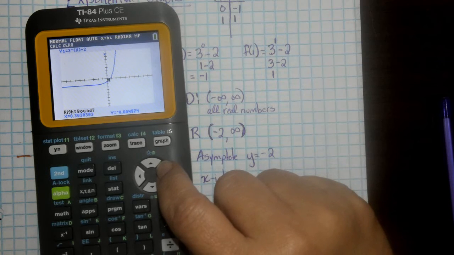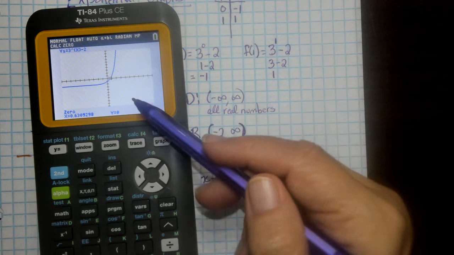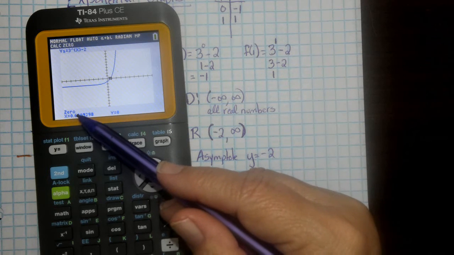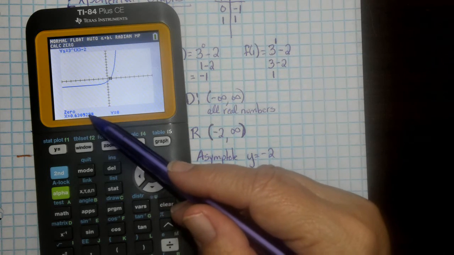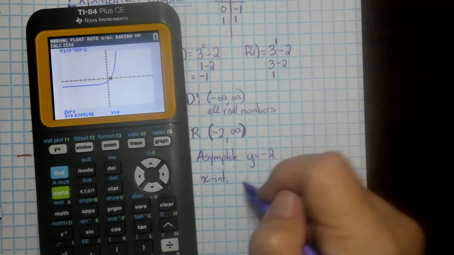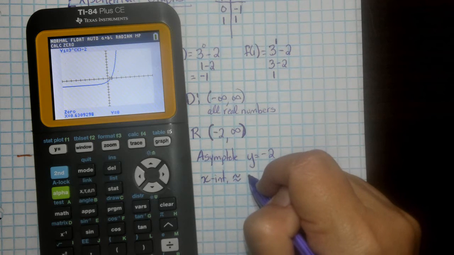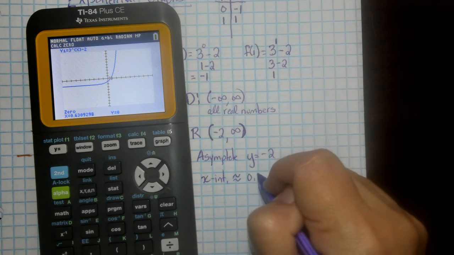Then I use my arrow to get over to the other side of the x-intercept and hit enter. And then I don't want to guess. And so there's my x-intercept, 0.63092988, and that might keep going, and y is 0. So I'm just going to put x-intercept is approximately 0.63.